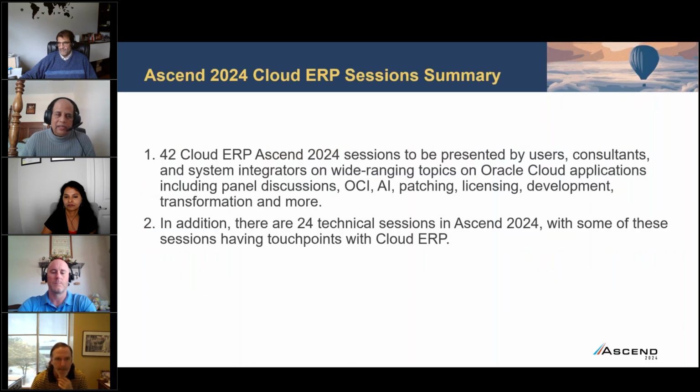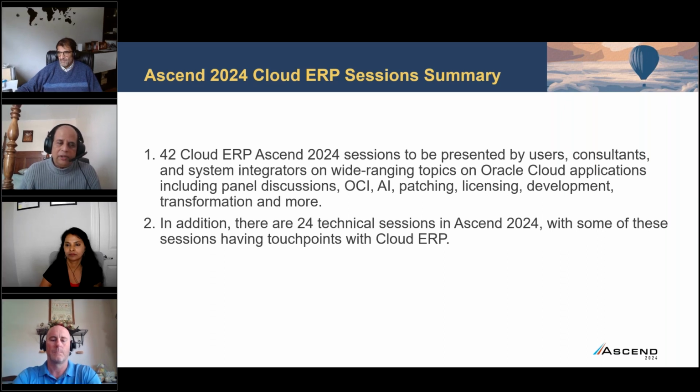Now, in summary, for Ascend 2024, we have selected about 42 Cloud ERP sessions, which are being presented by users, consultants, and system integrators on a wide range of topics, including but not limited to OCI, AI, patching, licensing, development, transformation, and more.